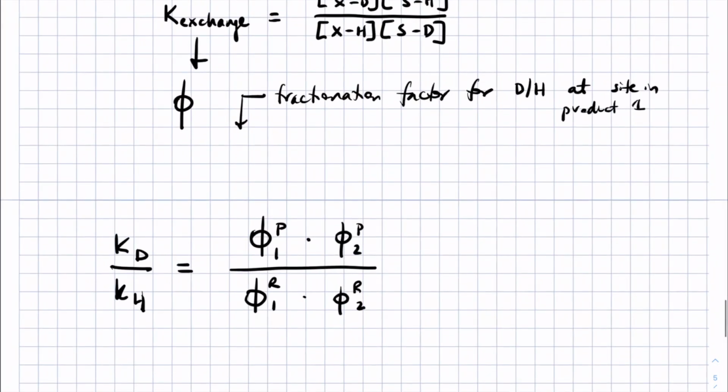So if you can measure the preference for hydrogen versus deuterium at all of these sites, you actually can calculate what the ratio of relative equilibrium constants is.